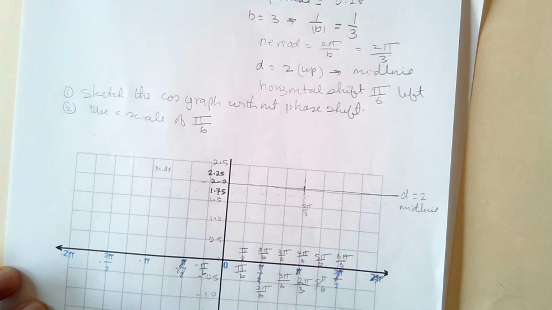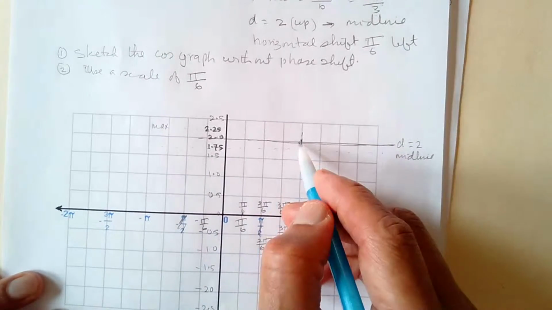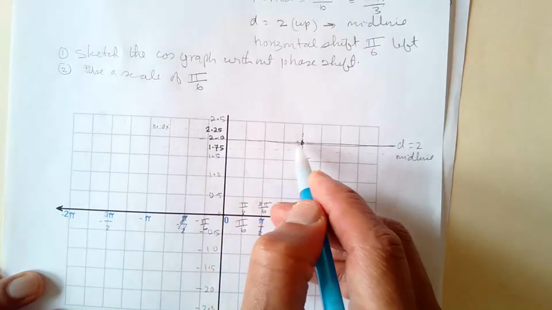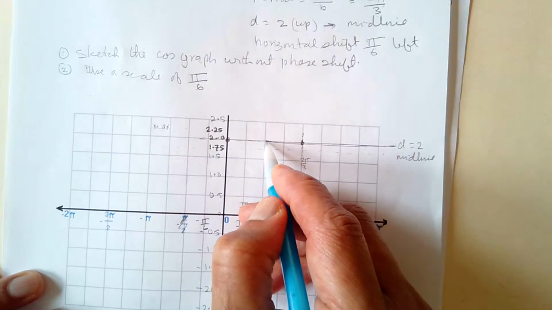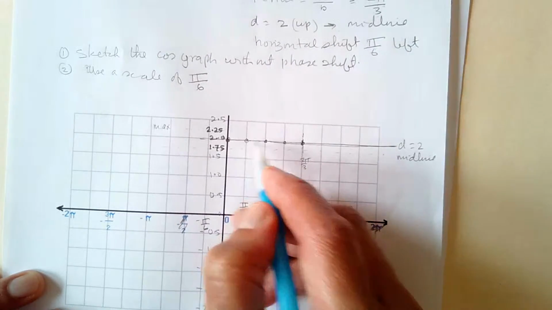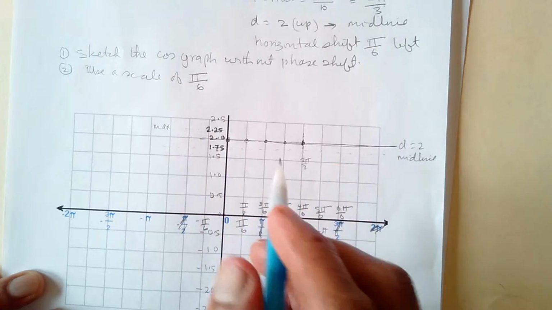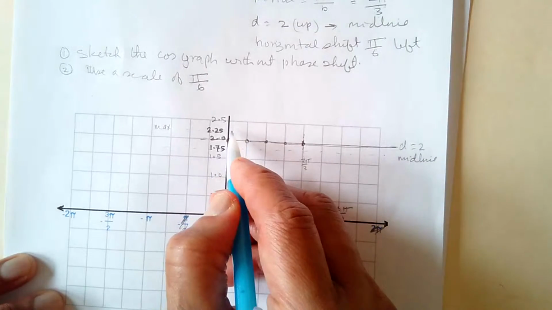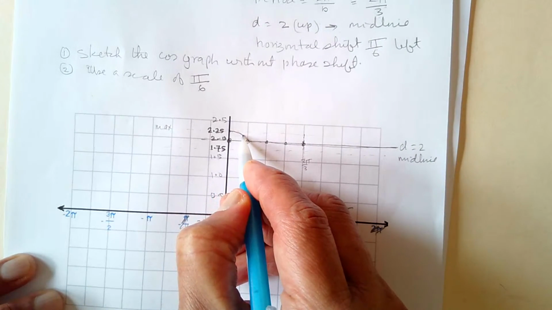We're going to make our cosine graph, so we need 5 critical points. This is our beginning, then we have our middle, and then a quarter and 3/4. So there we have our 5 critical points. Now we'll construct our cosine graph. This is our maximum here. Let me be careful. So now this is my cosine graph.